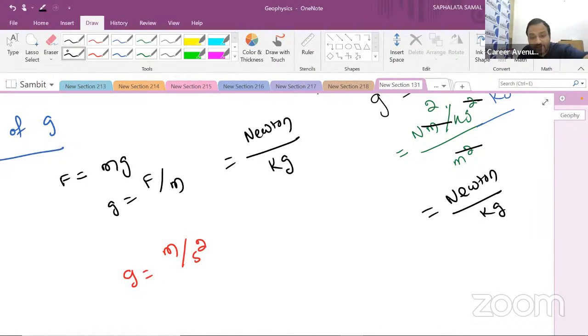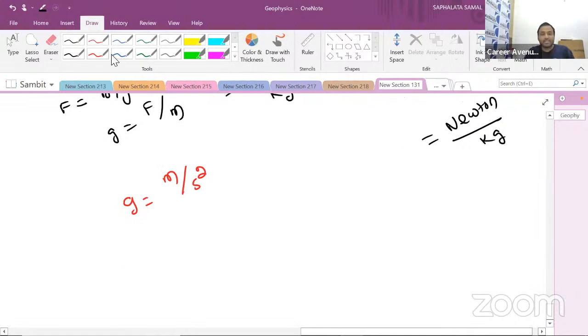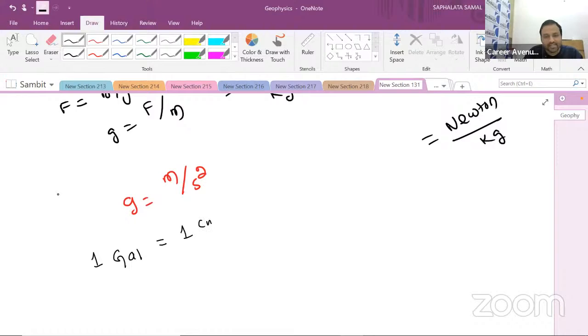Now, in this gravity chapter, we have multiple units of gravity which we calculate, and these units often come in the examination. There is a unit called the gal, and 1 gal is equal to 1 centimeter per second square.